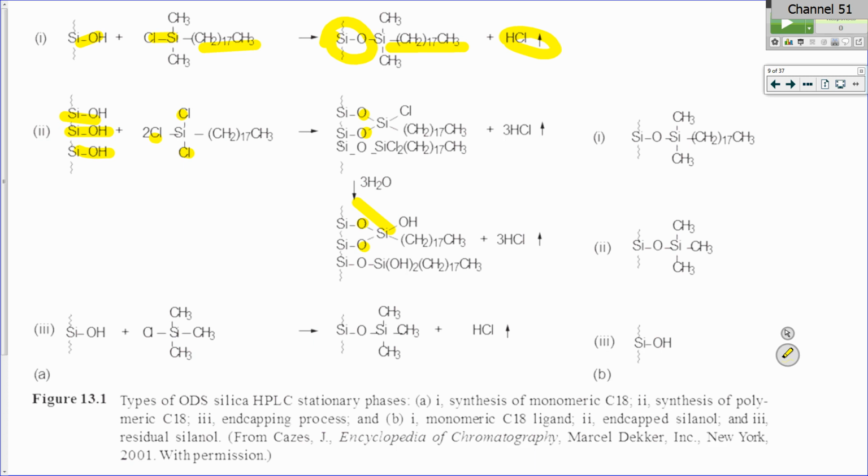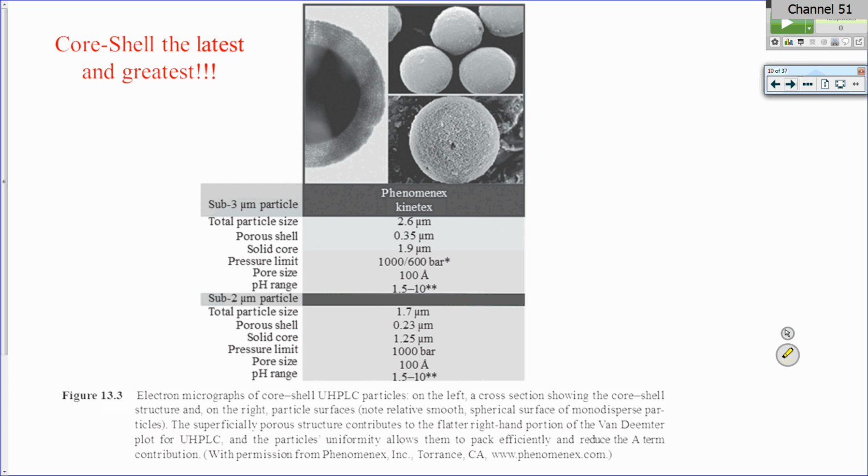And then where there are any leftover groups, we can come and end cap those with a short end capping reagent, something that can penetrate into the surface. Like this group at the bottom, any silanols that are left, we could react with chlorotrimethylsilane, and that would end cap to get rid of all of these SiOHs. We want to eliminate the possibility of SiOHs. That messes up our chromatography.